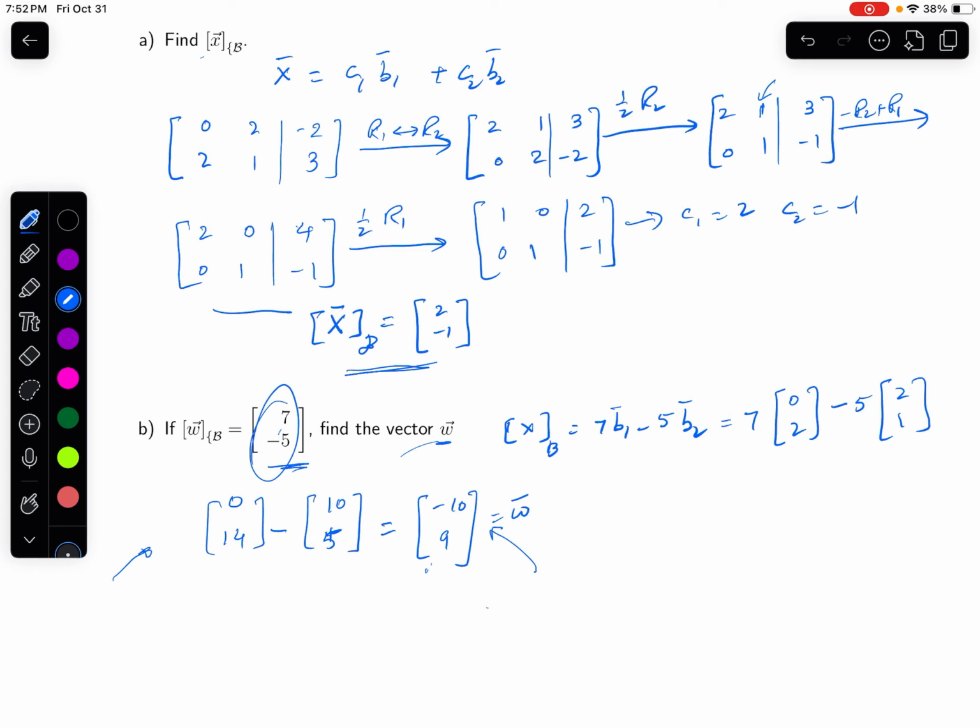If we are given xB, we can make it x and then convert x into the coordinate vector relative to the basis C, another basis. But in chapter 4 we will learn how to go from here to here directly, and then backward as well. So this is all you need to know from section 2.9.